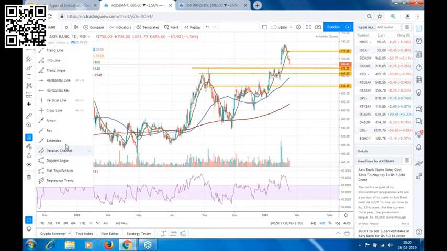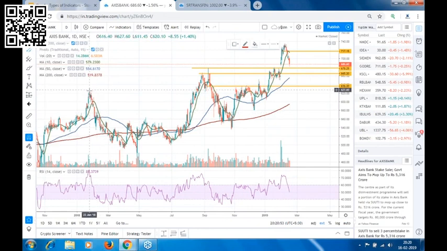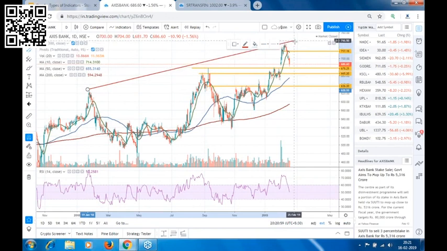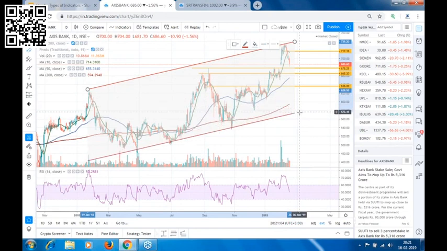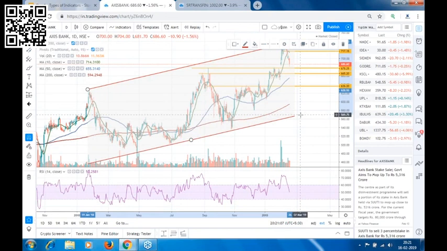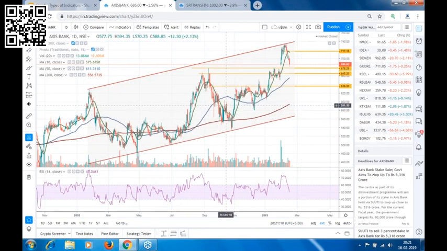If I draw a parallel channel in Axis Bank, this is the point where your stock actually took a resistance from the trend line.